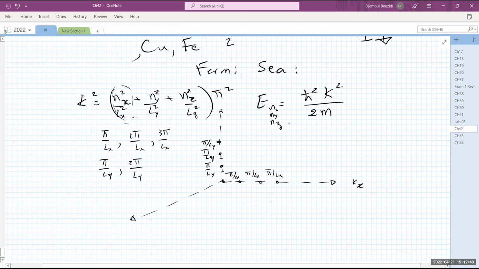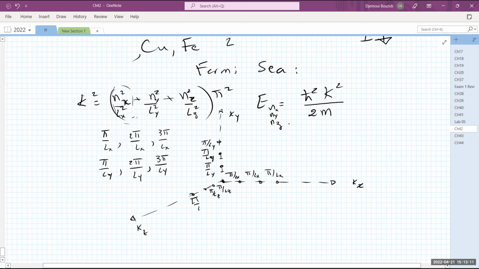That corresponds to ny equals 2. And the third one is going to be 3 pi over ly, and so on and so forth. So this will be your ky, and this will be your kz, and in this case, the same thing. Again, this distance is pi over lz, and this distance is pi over lz, and so on and so forth, okay? So I hope that you guys get the picture.